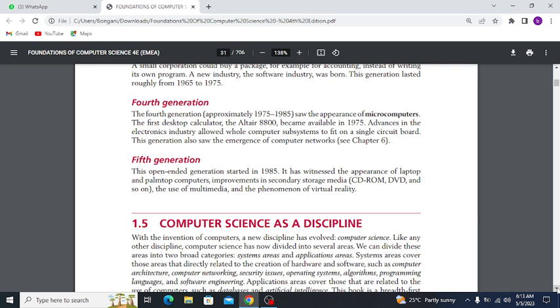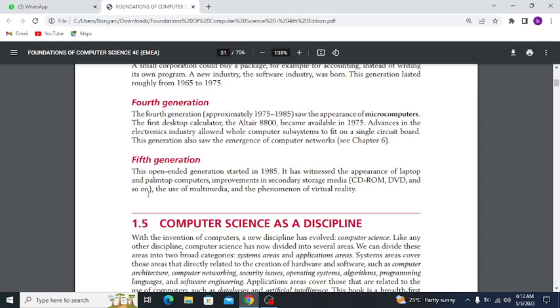So the whole computer subsystem, the CPU, the controls, the input, process, and output, everything could now fit in a single chip, in a single circuit board. This generation also saw the emergence of computer networks.